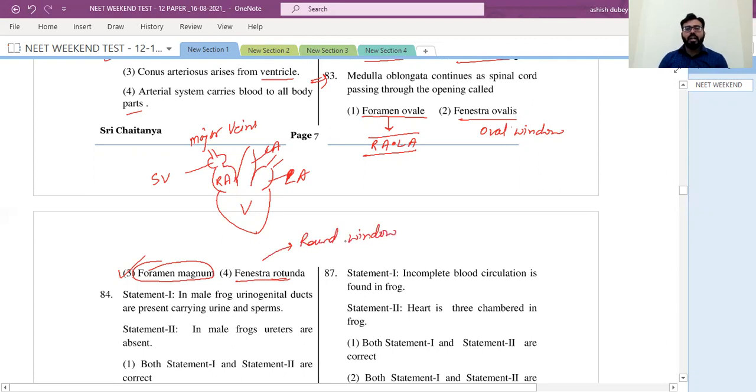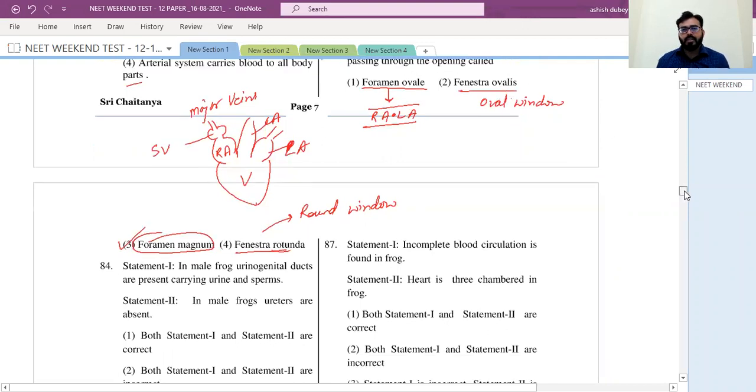Oval window and round window are found in the internal ear. Foramen ovale is found in the heart at the embryonic level in human beings. Foramen magnum is the connection between the cavity of cranium and the vertebral column. It is a hole in the occipital bone.